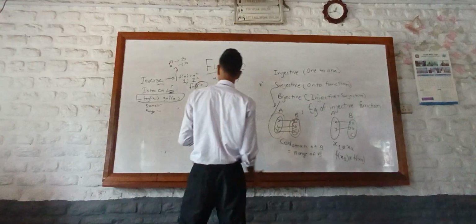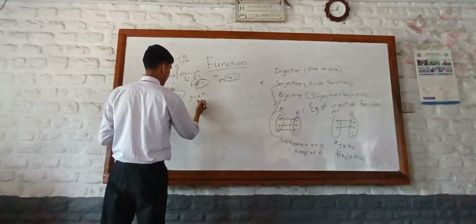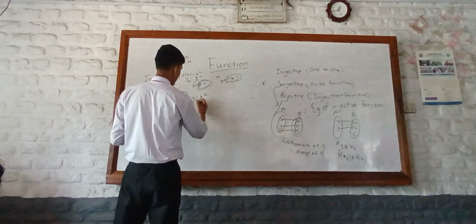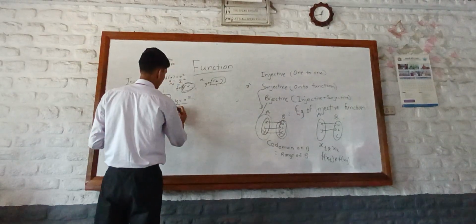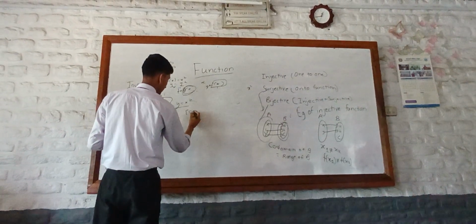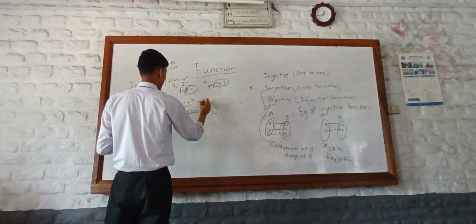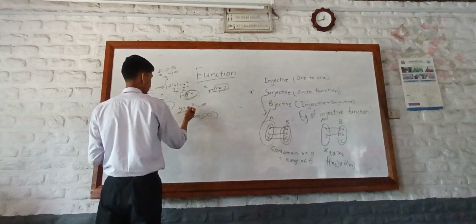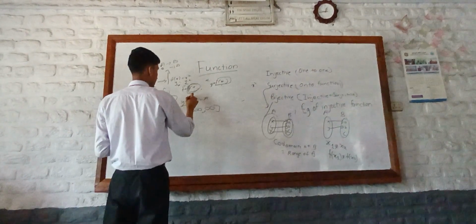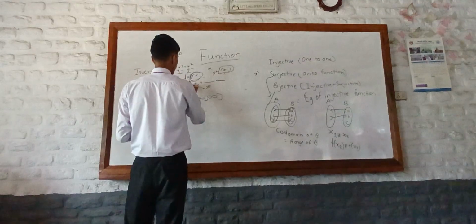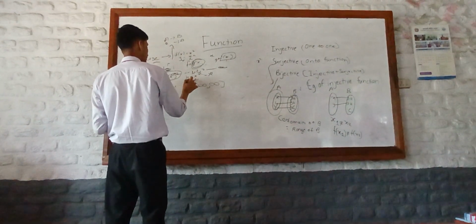For example, if we take y equals x square again, the domain is from minus infinity to infinity, because for every real number x, y is defined. So if we keep 1, 2, 3 up to infinity, or minus up to infinity, the value of y will be defined.